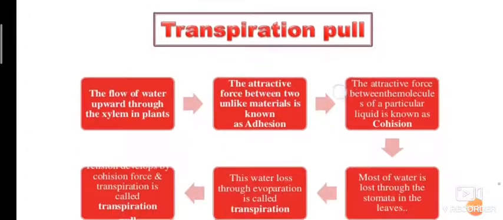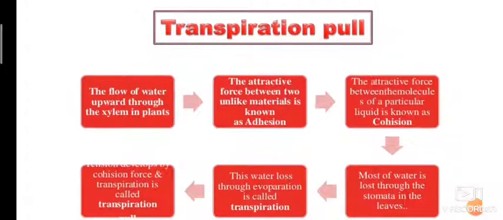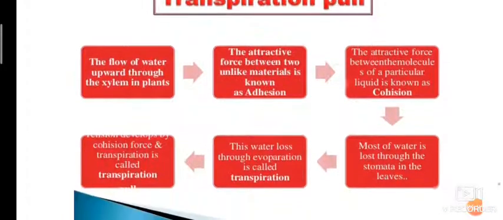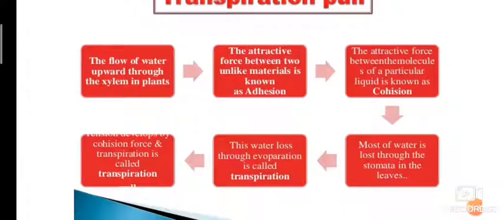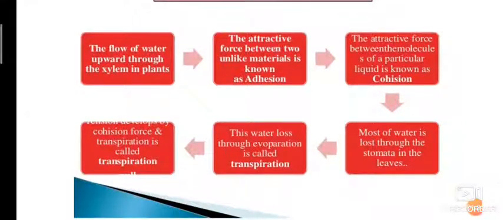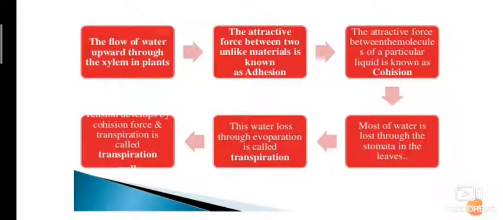Transpiration pull, the flow of water upward through the xylem in plants. The attractive force between two unlike materials is known as adhesion. The attractive force between the molecules of a particular liquid is known as cohesion.